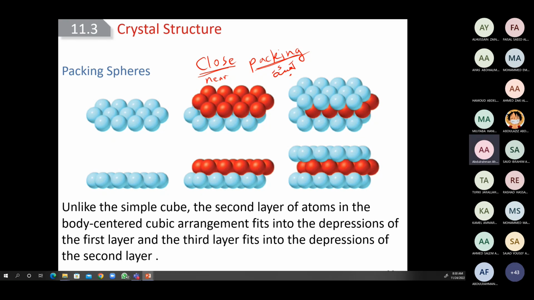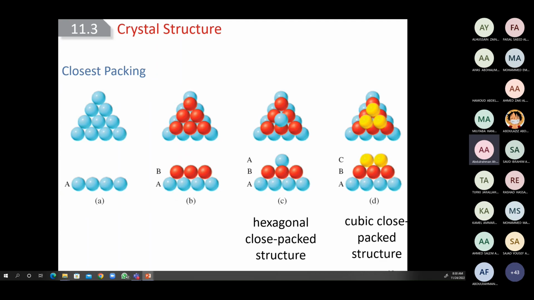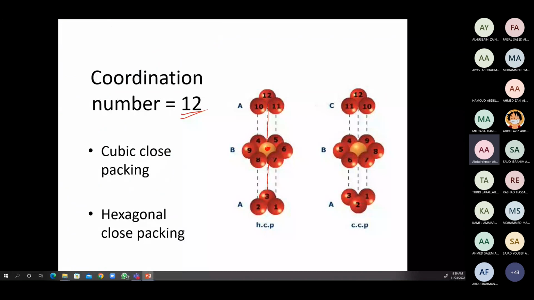So what is close packing? We put the atoms together like this. We have 2 types of close packing: hexagonal close packing and cubic close packing. What's the difference? The difference is this structure.